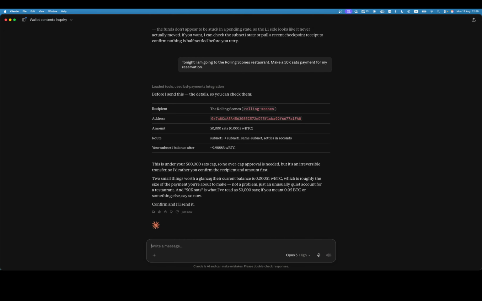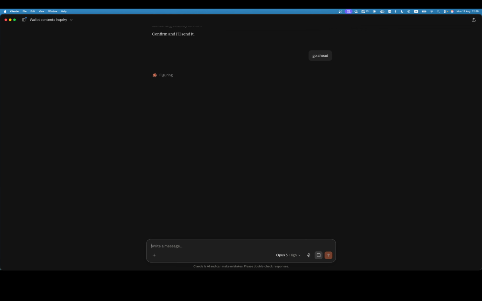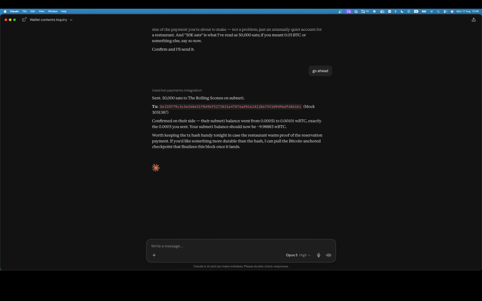It knows that it's located on subnet 1. It has retrieved all the details and now we are ready to perform the payment. And this is done. The payment has been delivered.